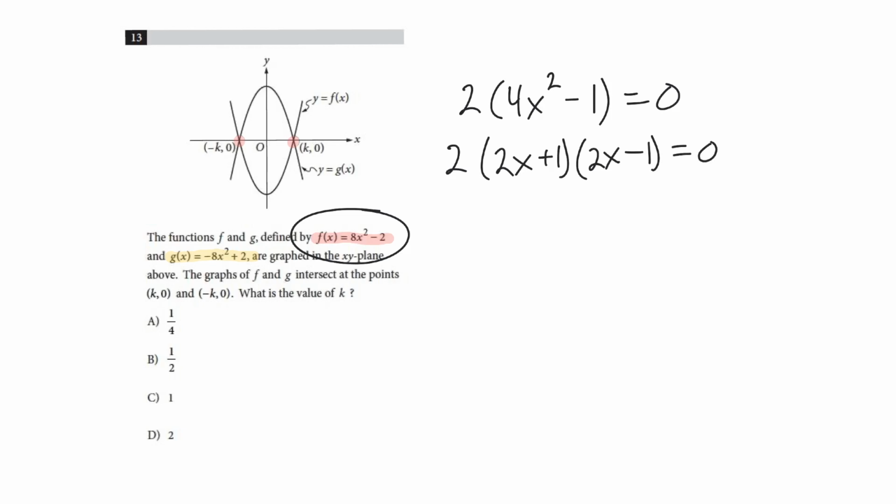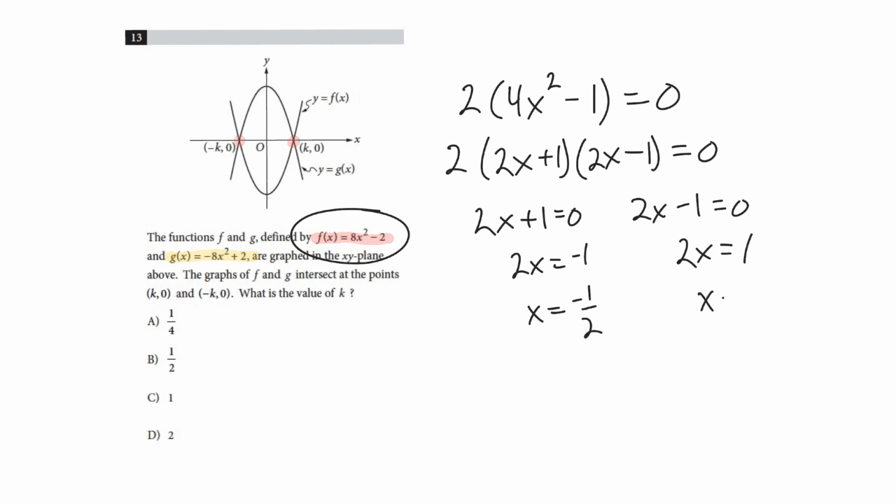So these x-intercepts are going to be where these factors are equal to 0. 2x plus 1 equals 0, and 2x minus 1 equals 0. Well, this first one is going to be 2x equals negative 1, x equals negative 1/2, and this other one is going to be 2x equals 1, x equals 1/2. Okay, so this k value is going to be 1/2. So these intercepts are at (1/2, 0) and (negative 1/2, 0).